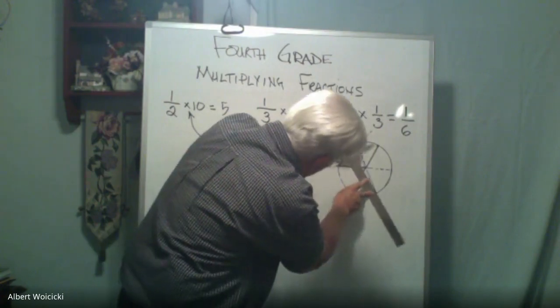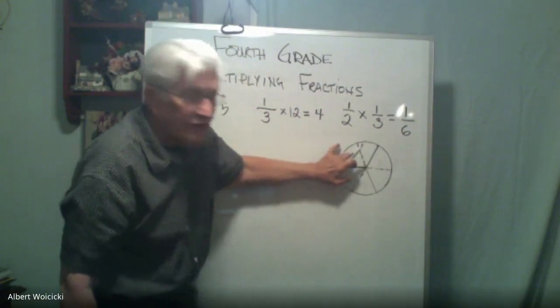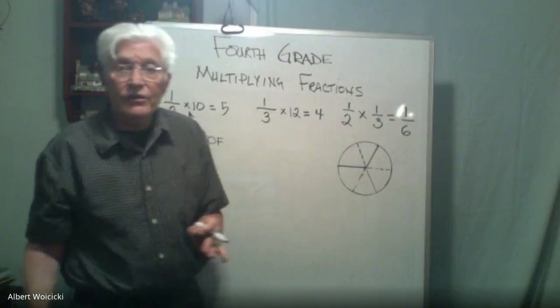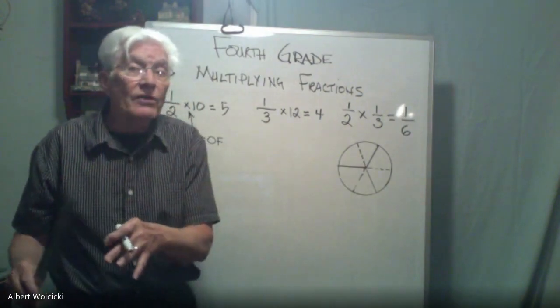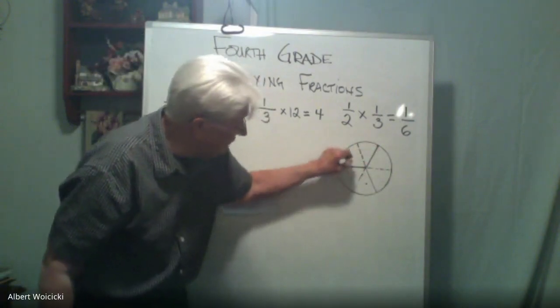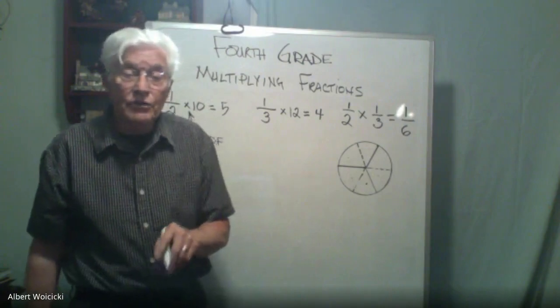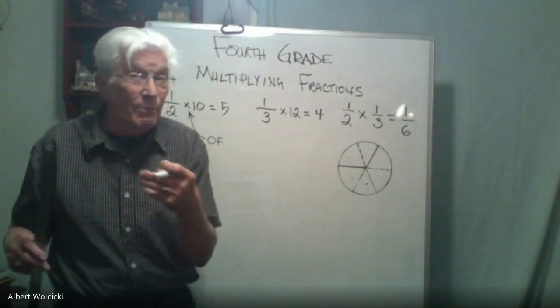And how many places do I have now? 1, 2, 3, 4, 5, 6. I have 6. So what was 1/3 is now 1/6. So each piece is 1/6 of the whole circle. So that's one way of making them see in a picture.